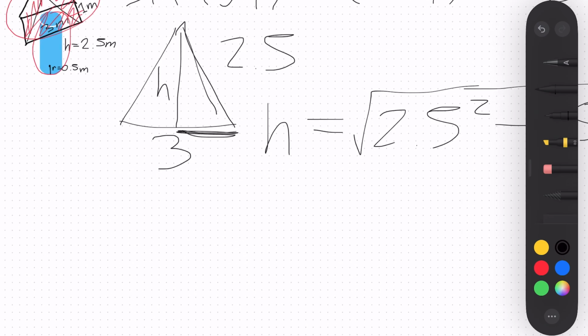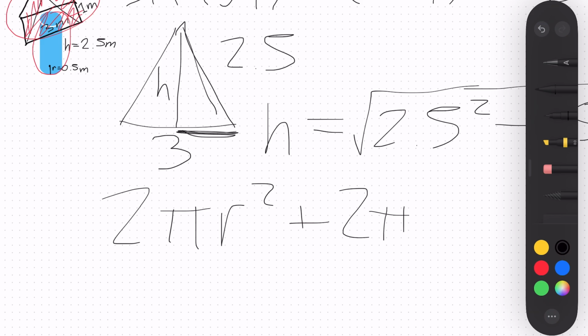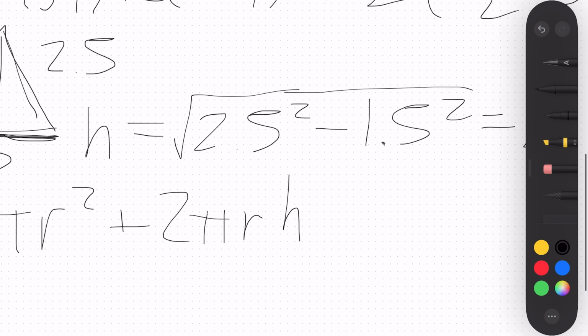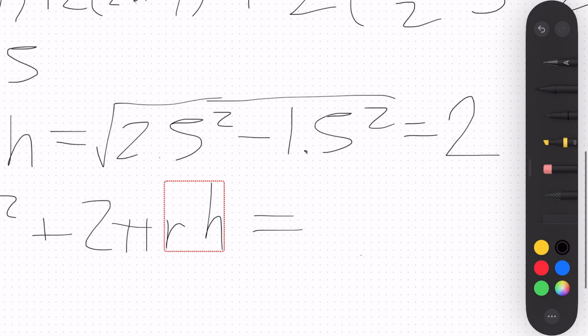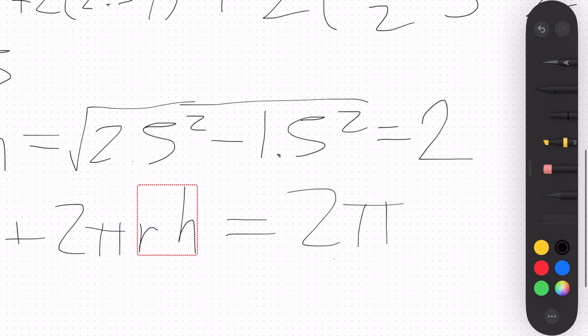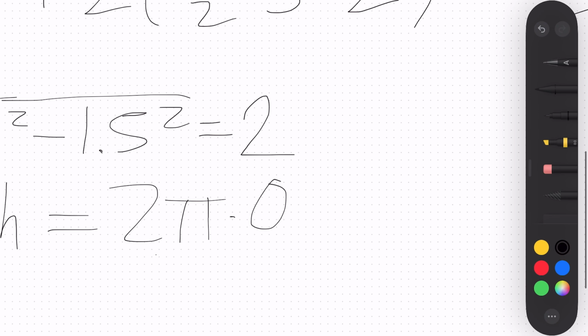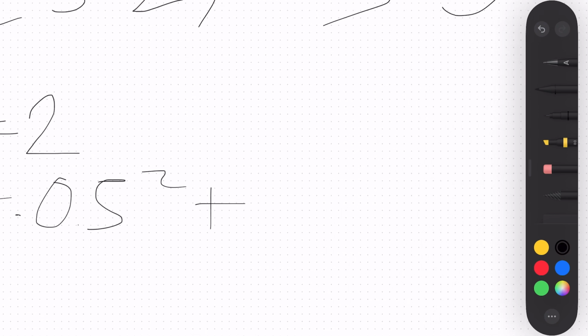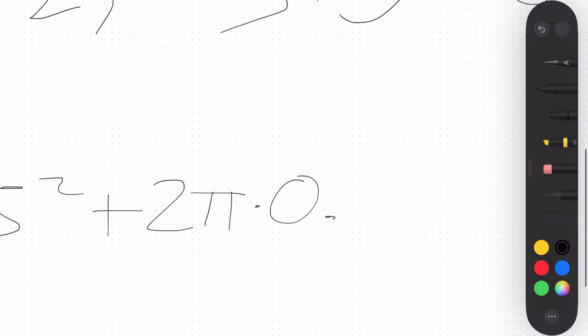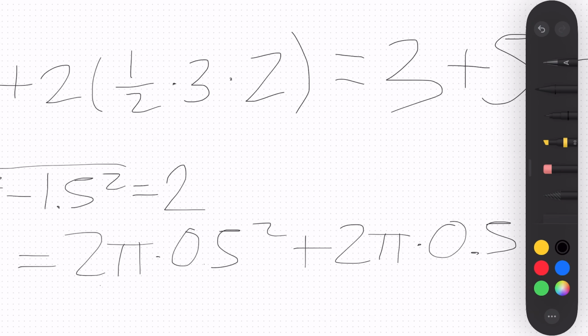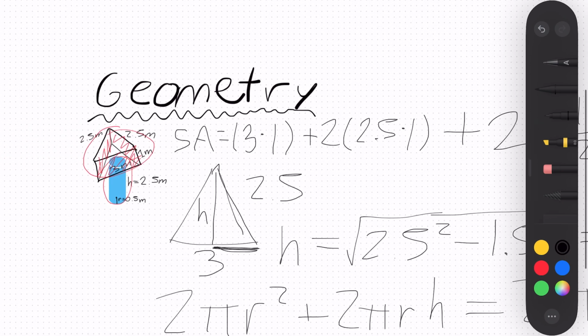For our cylinder, the surface area formula is 2 pi r squared plus 2 pi r h. Since we already have all these values, we can just substitute them. 2 times pi times our radius, which is 0.5, squared, plus 2 times pi times our radius, which is 0.5, and times our height, which is 2.5.